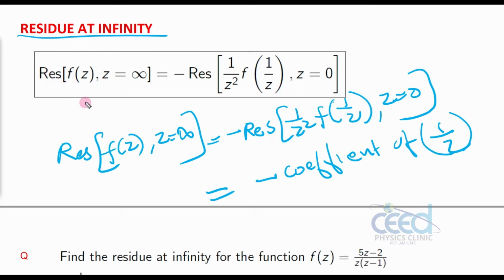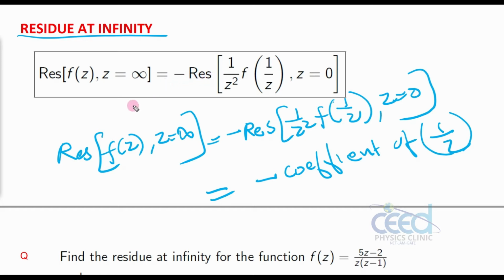By a series of derivation, this expression can be derived. That is already given in Mathematical Methods in Physics by Arfken. You may refer to that. For the time being, we are not interested in the theory and derivation of these formulas, but this formula is very important. Based on this, we may have a lot of questions.